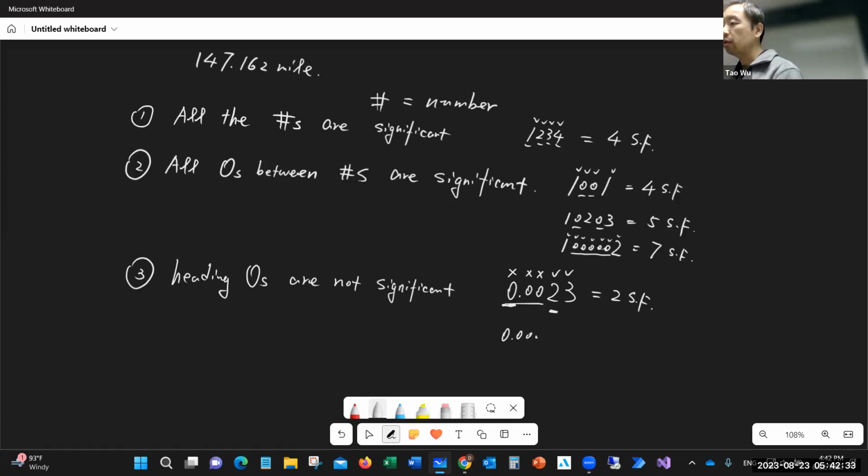For 0.00001, we have 6 heading zeros, all not significant, so only 1 sig fig in this case. Are you clear? It's not just the zero before the decimal, it's all the zeros before the number.